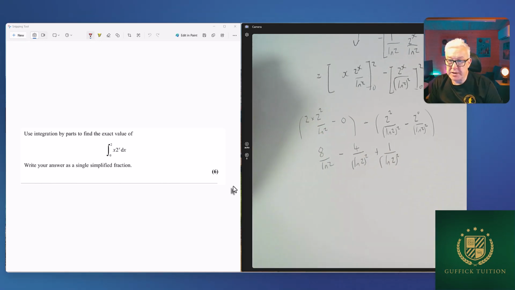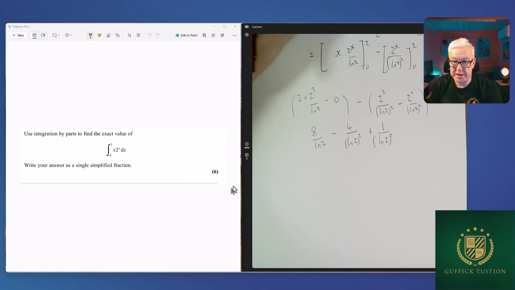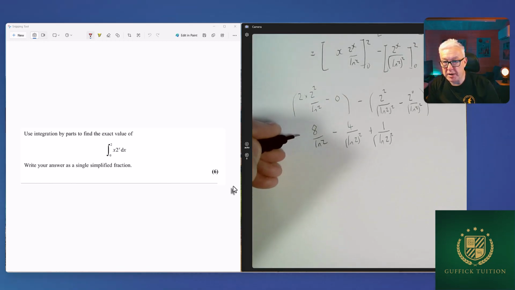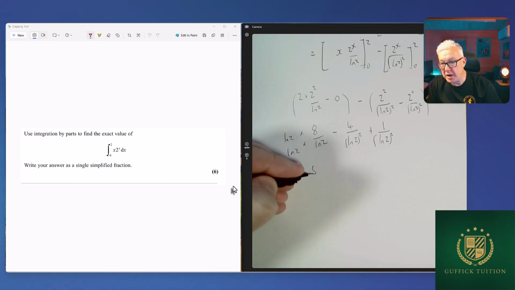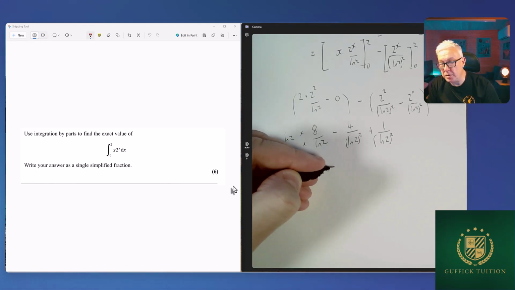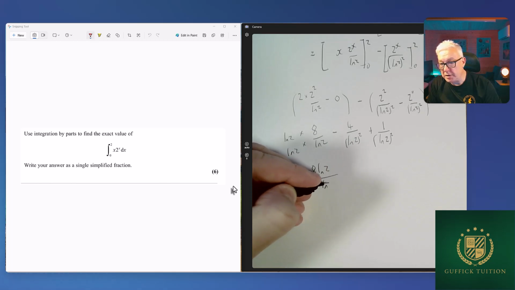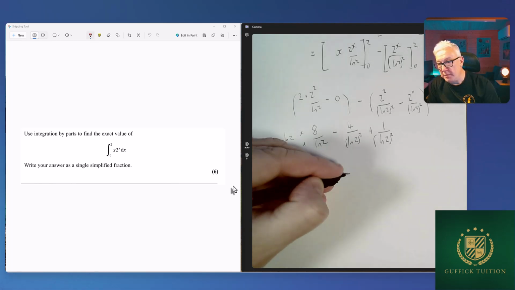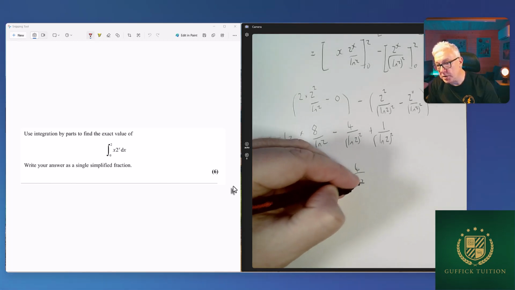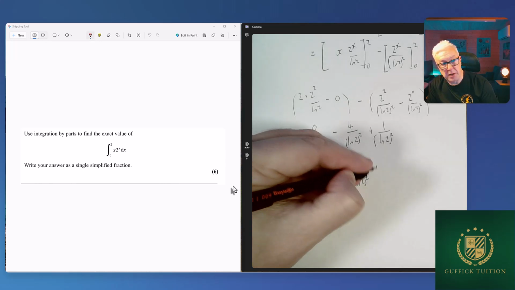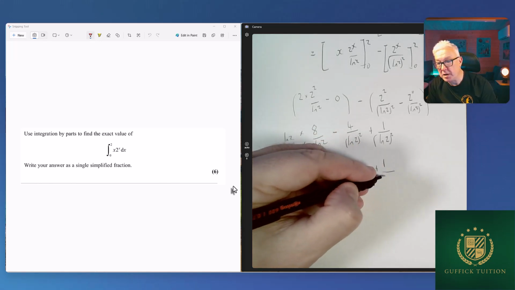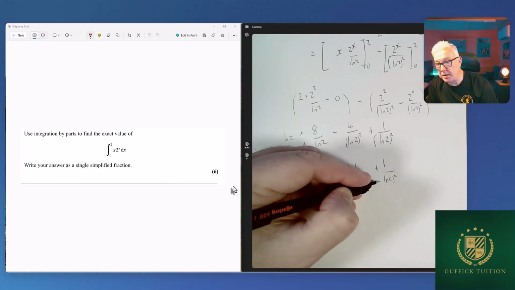Now we've got to try and get this whole thing as a common fraction, a simplified common fraction, the question says. So we're going to multiply the numerator and denominator of this one by ln 2 in order to get a common denominator. So now we have 8 ln 2 over ln 2 squared, minus 4 over ln 2 squared, plus 1 over ln 2 squared, like so.